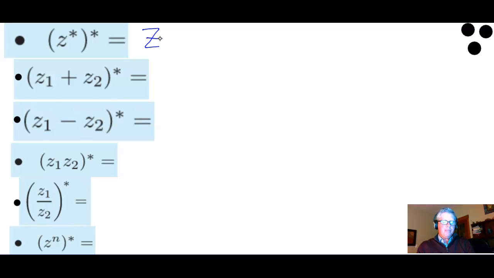The second one, maybe you saw that if you add the two numbers and then take the complex conjugate, it's equal to another process that I'll just give you: wow, isn't that cool? You can take the complex conjugates first and then add them, and you'll still get the same thing. All right, let's try and fill in the other ones, or take a shot at it, and we'll see how we do.